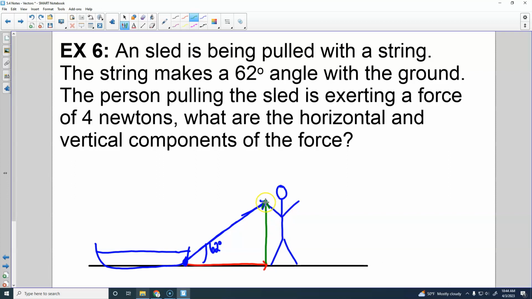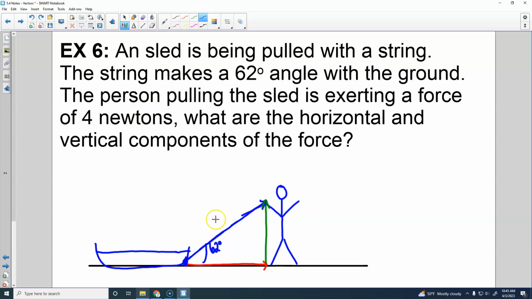For example, this particular stick figure has decided that this is the best way to hold his arms as he pulls the sled across the ground. So he maybe could adjust his form a little bit to get more efficient use of the force here. But we can analyze how much of that force is actually being used to do the work and how much of it is just kind of wasted for convenience, right?